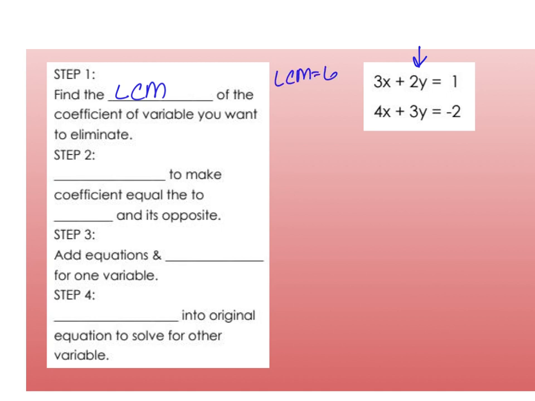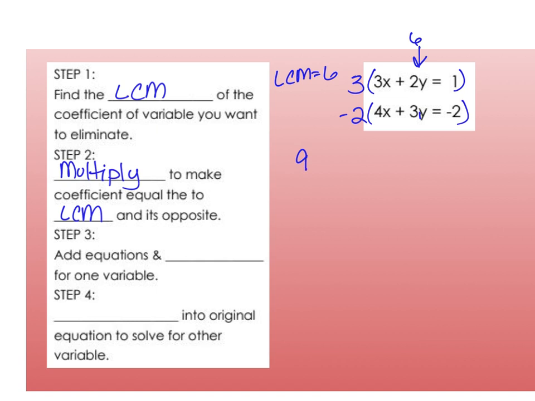In order to have opposites, we're going to multiply to make coefficients equal to the least common multiple and its opposite. So this first one, I'm going to multiply times 3 because I want to make that a 6. The second one, I'm going to multiply by a negative 2 because I need it to be opposite. So one of those has to be negative.